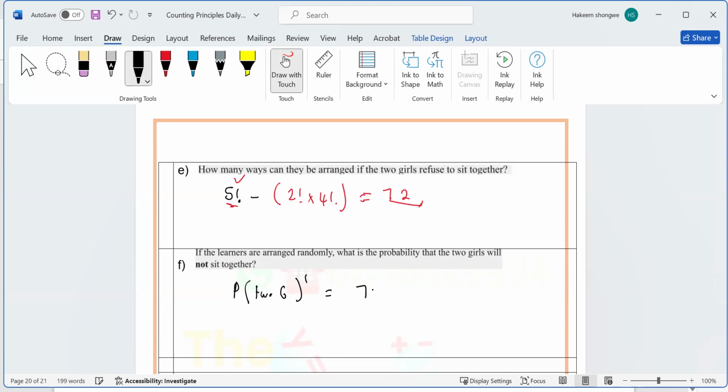Then we're going to say it's 72 over 120. And then what do we get? We're having 3 over 5. 3 all over 5. Okay, I think it's clear.